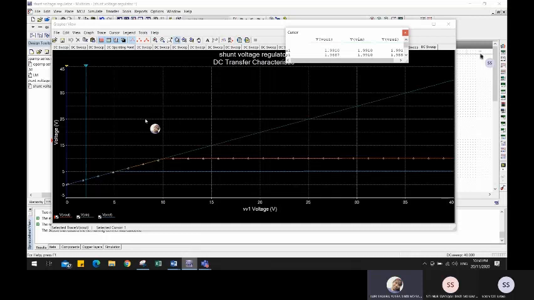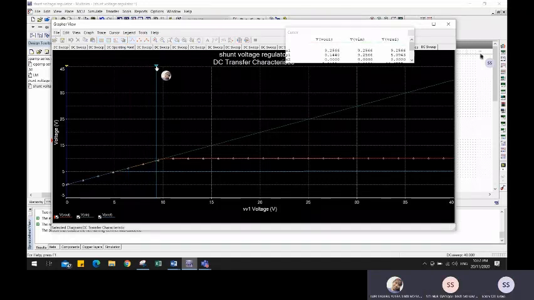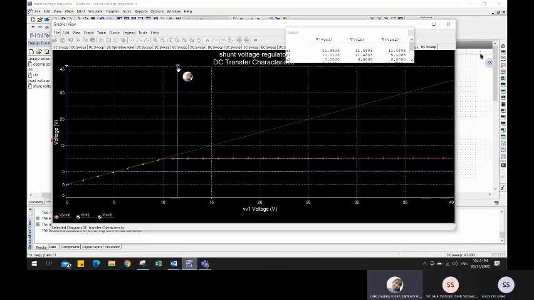Okay, for this one, as you can see, we assume V in is 1 point something, and if it is 6, it becomes 6.2 for the V out. For V in of 12, we get V out of 10 and V reference of 5.1.